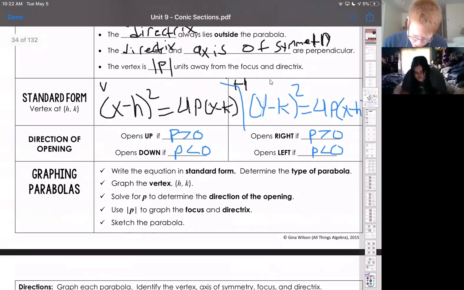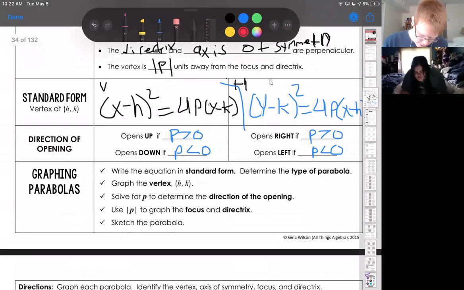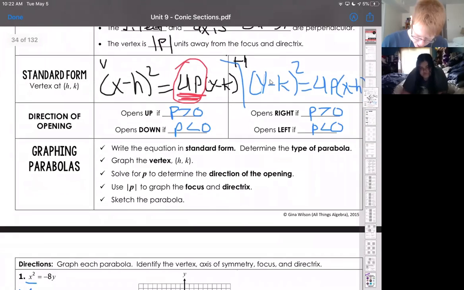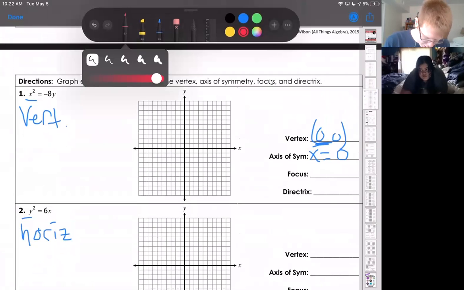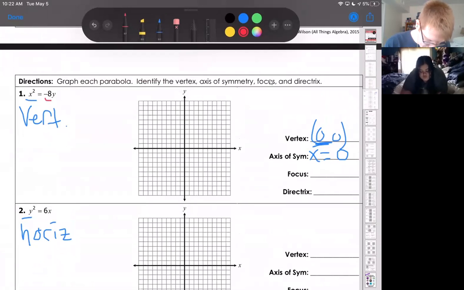Looking at our equation, the coefficient of our y part is this -8.